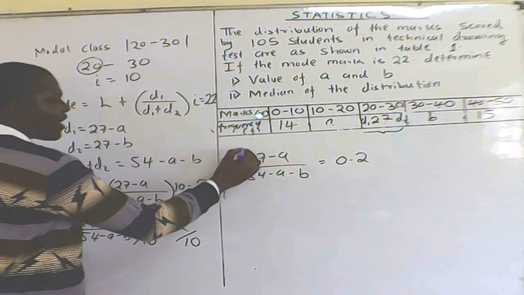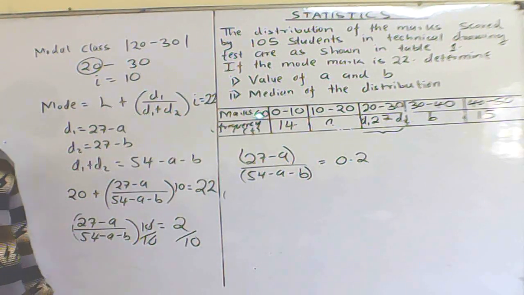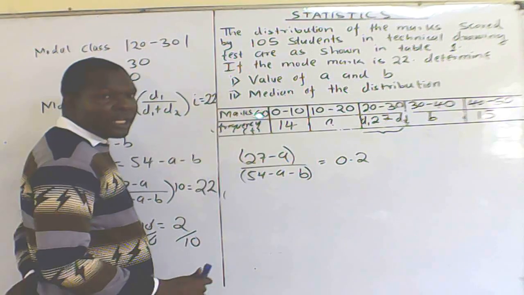So you now remove the fraction, having numerator and denominator. We multiply both sides by the denominator.